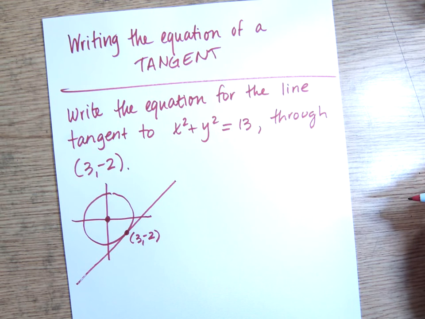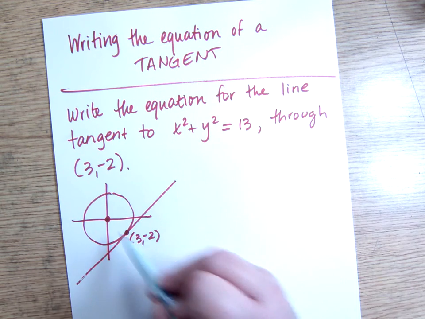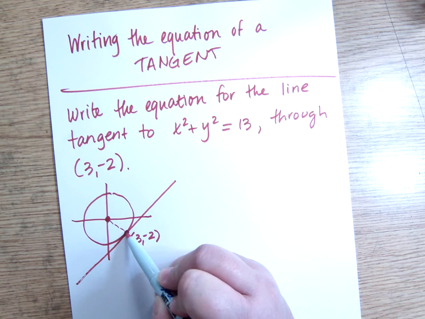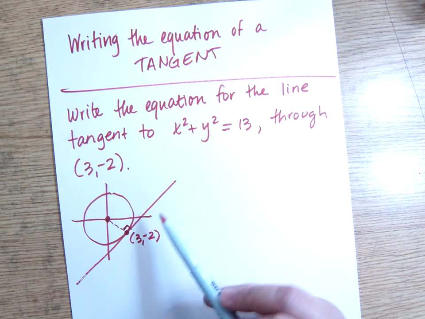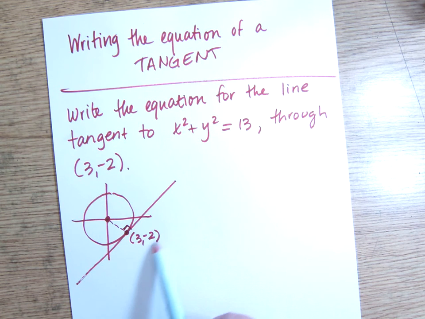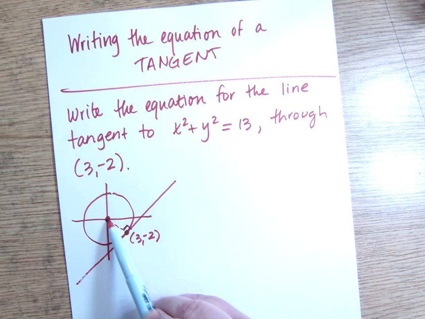First thing you need to know, and this is from last year, is that tangents are always, always, always perpendicular to the radius. And remember, perpendicular lines have opposite reciprocal slopes. So basically, you're being asked to write the equation of a line that goes through this point and has a slope that is perpendicular, or opposite reciprocal, to whatever this slope is.